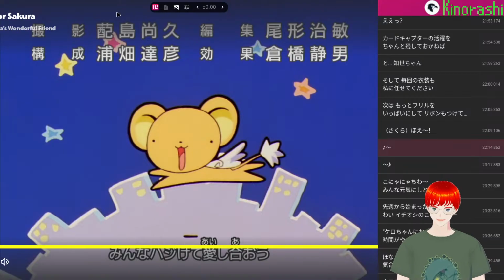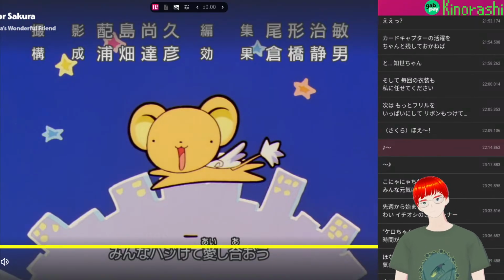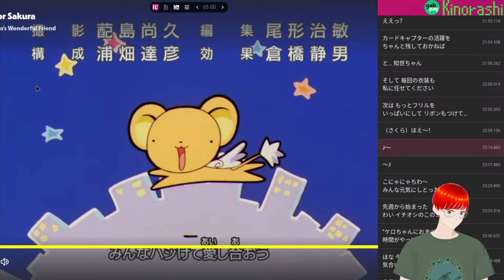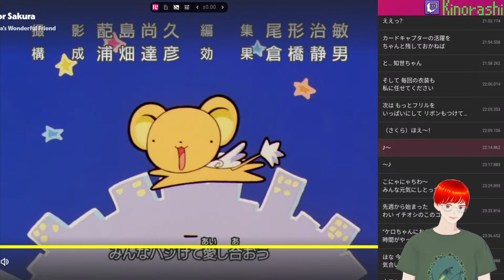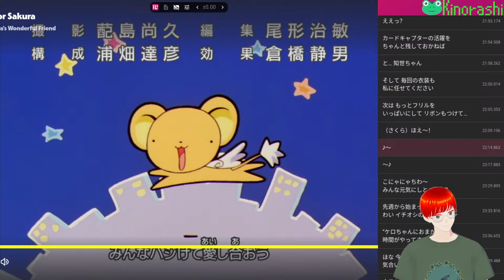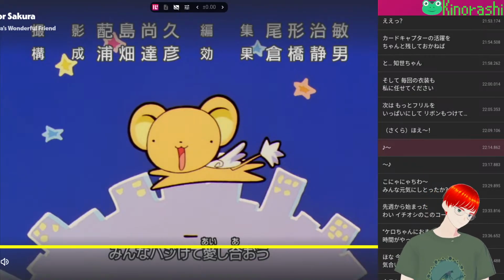Let's see, where did the shi come from? Explain the words that made aishiau. Ai is love, affection. Au is the verb suffix meaning to meet, to fit, to correspond. The shi is the continued form of the verb suru, meaning to do.